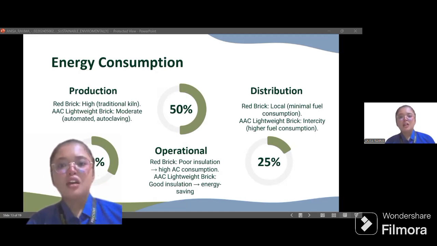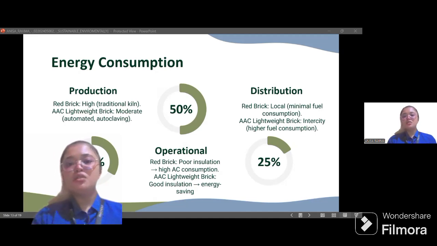For AAC, the production is more automated. Raw materials like cement, fly ash, and aluminum are mixed before being processed in a pressurized, high temperature chamber. This process also requires energy in the form of electricity and steam.